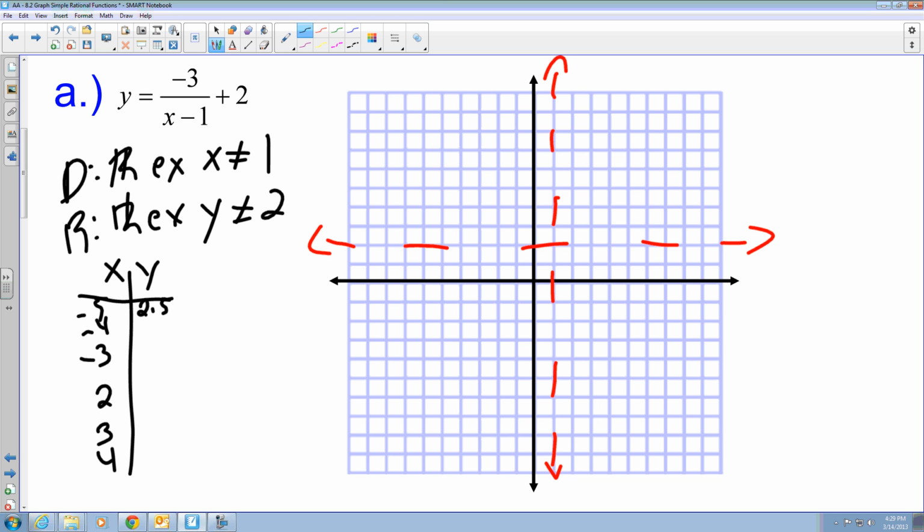And then if x is -4, -4 minus 1 will give me -5, so that's -3 over -5, which is 3/5.